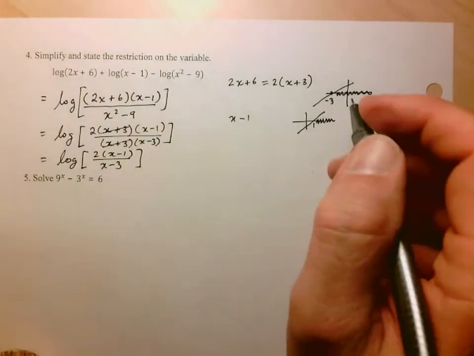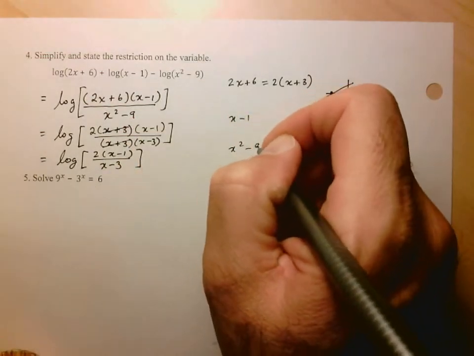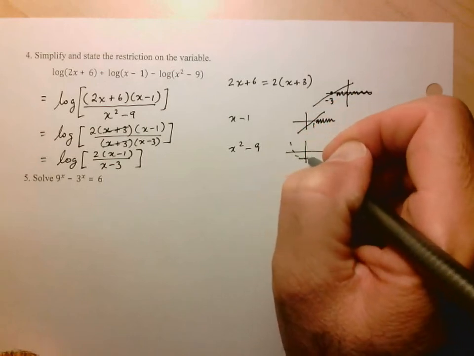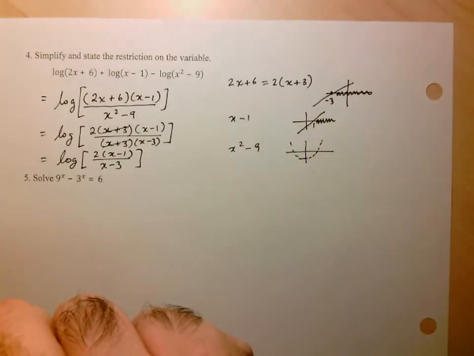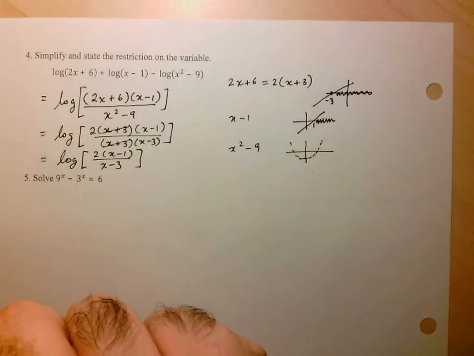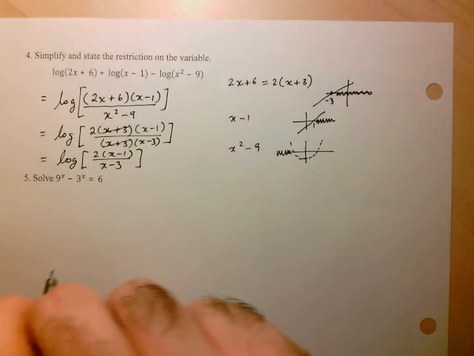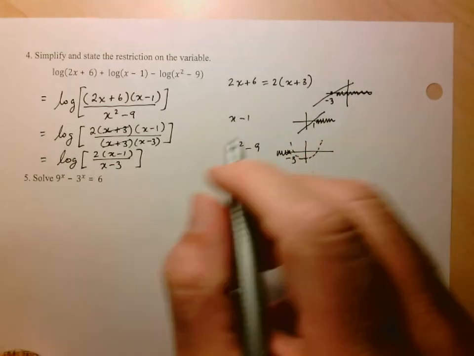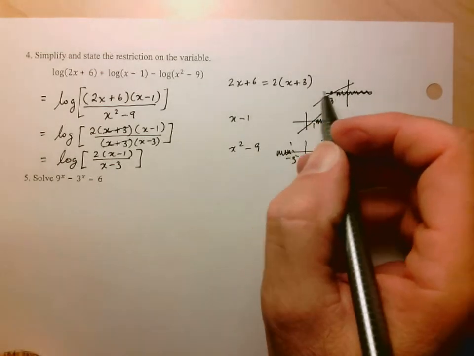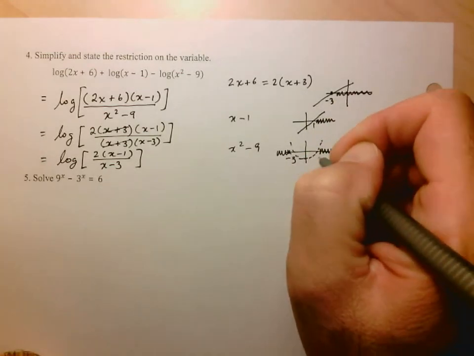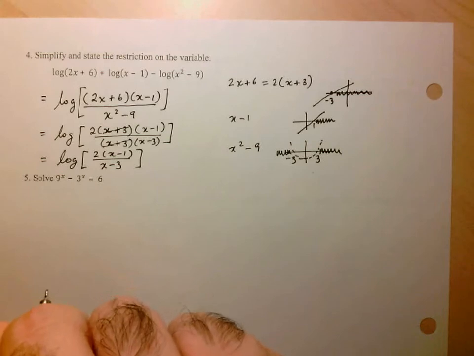Now let's look at x squared minus 9. Here we realize that x squared minus 9 is positive for x less than negative 3, which I'm not going to consider because it doesn't fit with the other two, and for x greater than positive 3.